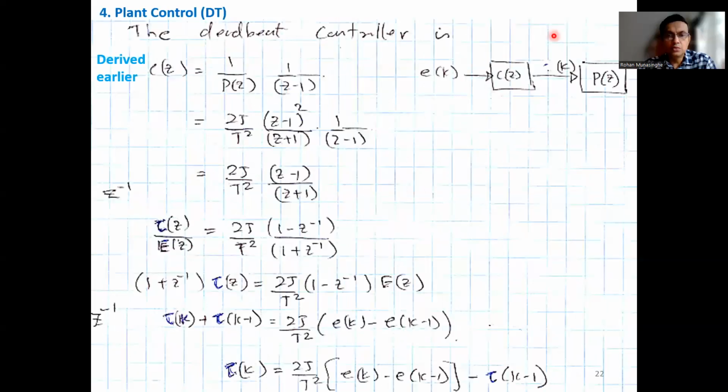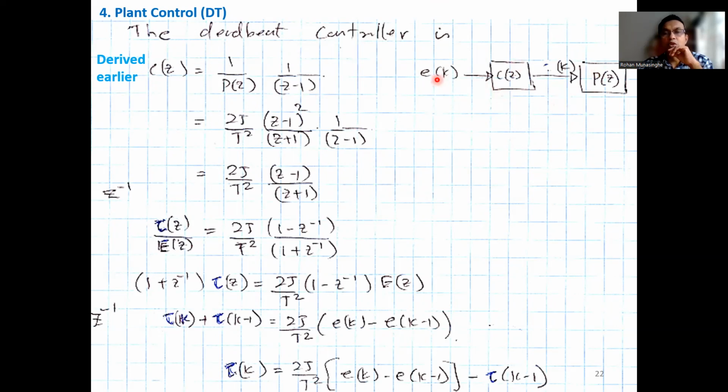Then we move on to the next step, plant control, the most important part. We call the deadbeat controller, which is this one. We derived this earlier. Deadbeat controller is 1 over pz, 1 over z minus 1. When you have this controller, your output will be just the input, but with a one-step time delay. So you can see it over here.